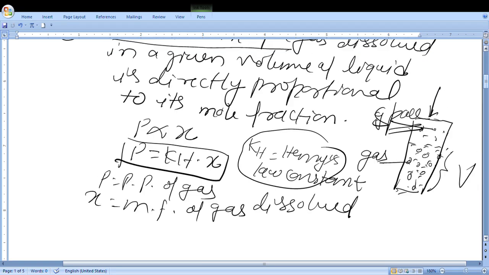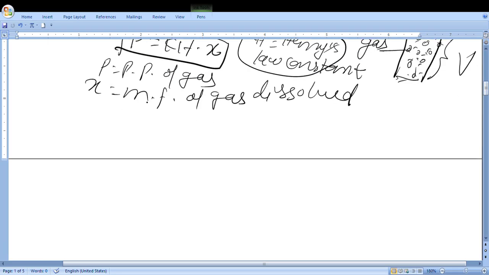Now coming to the next point: where is it applicable and what is the meaning of Henry's law constant.